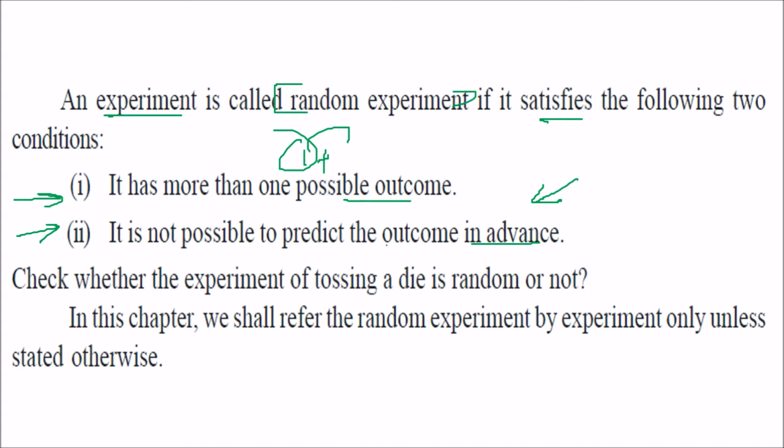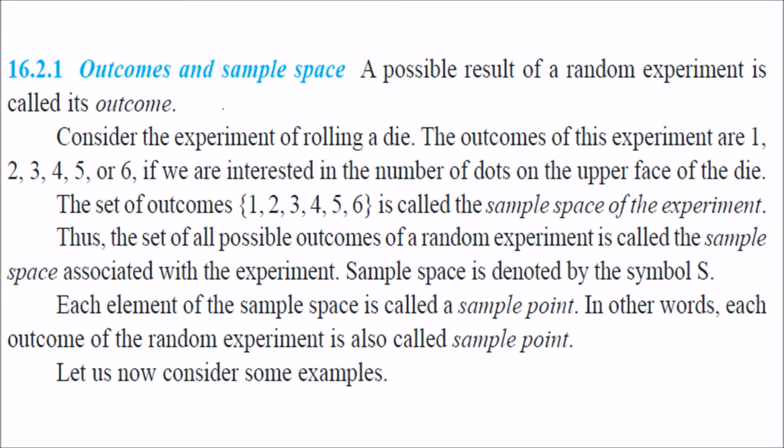So it has to have the possibility of not predicting the outcome in advance. Let us find out whether tossing a die is random or not. It is actually a random experiment.